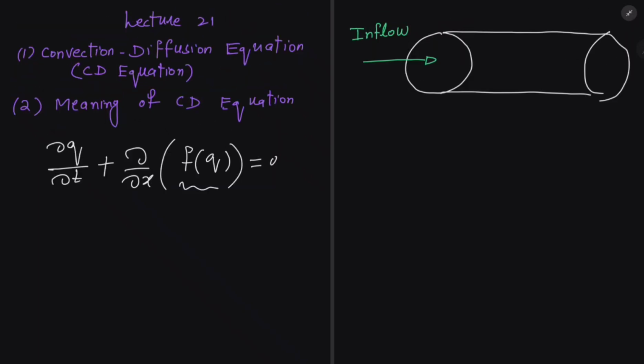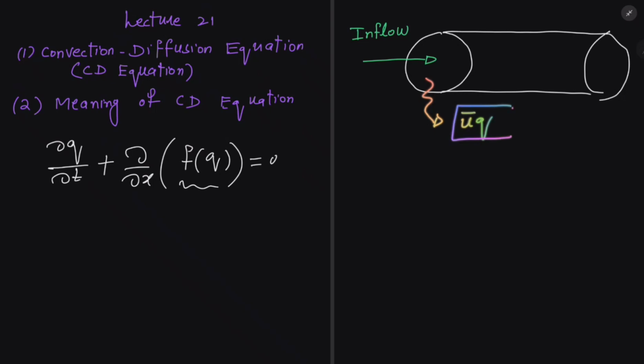So if we want to introduce only the quantity, for example, u bar q, then our flux becomes f of q is equal to u bar q. u bar is the velocity of the fluid and q can be a density, it can be a pressure.